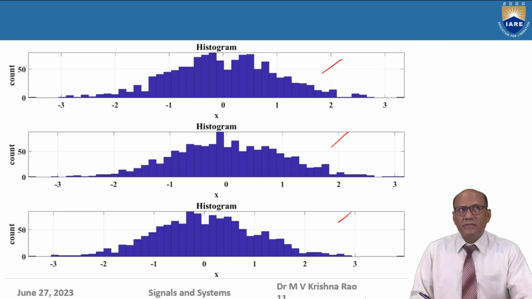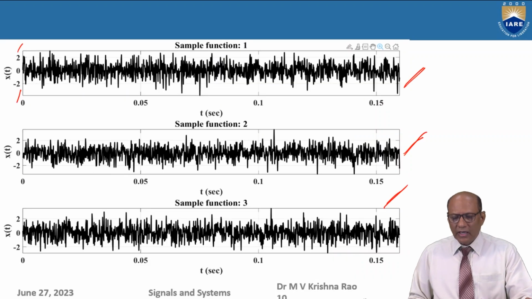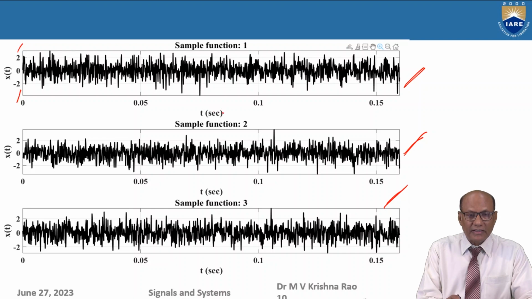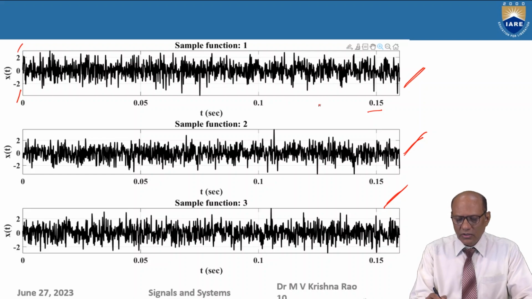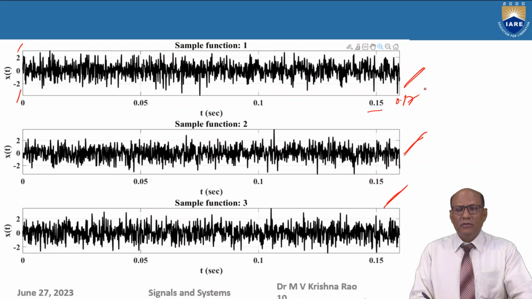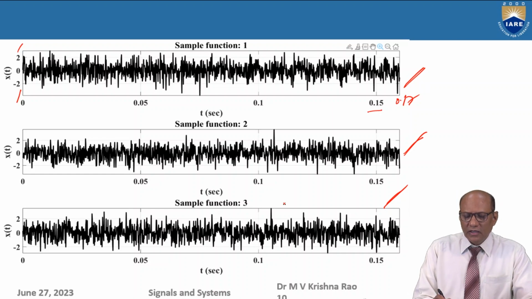The number of samples I took was around 128, I believe. I have put the time axis here, and this is approximately 0.17, the total duration of the signal, because I assumed some sampling value like that.